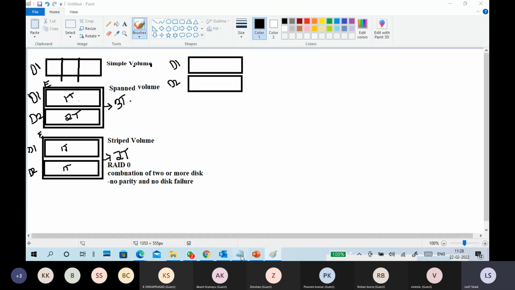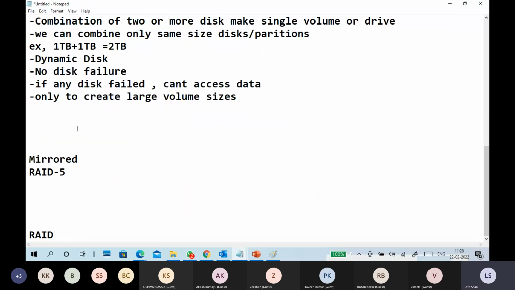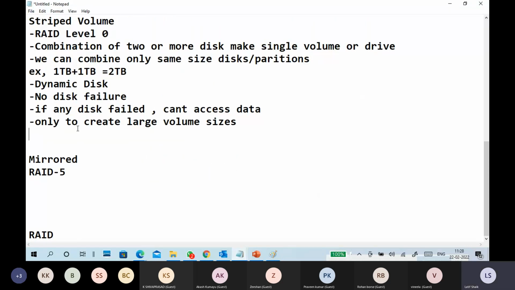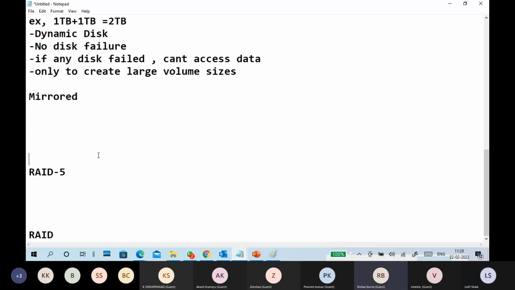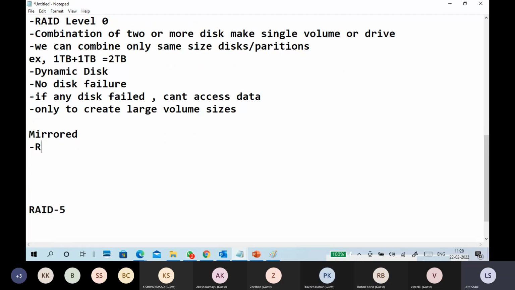So next one is the mirrored volume. Guys, do you understand striped volume? Yes, sir. So mirror volume is RAID level 1.